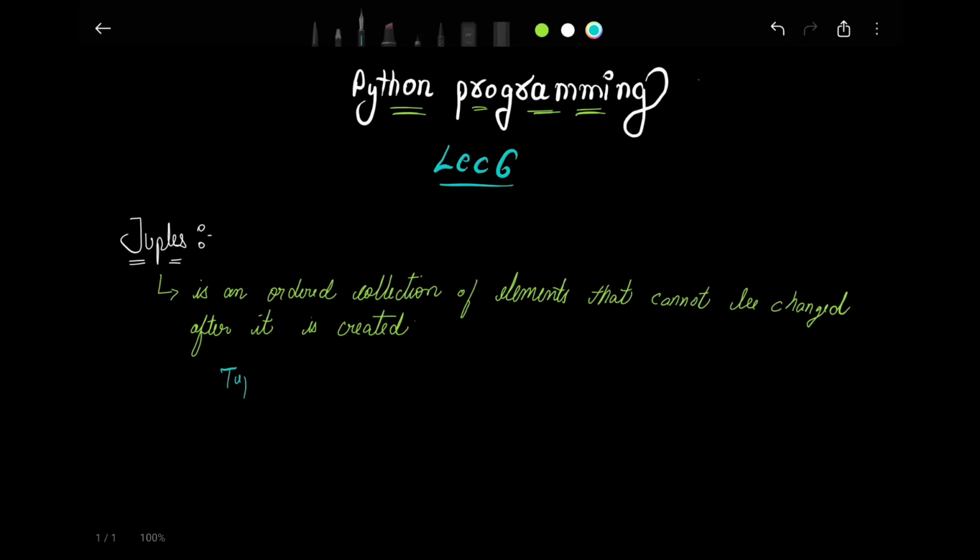So a tuple is an ordered collection which is immutable and stores multiple values.